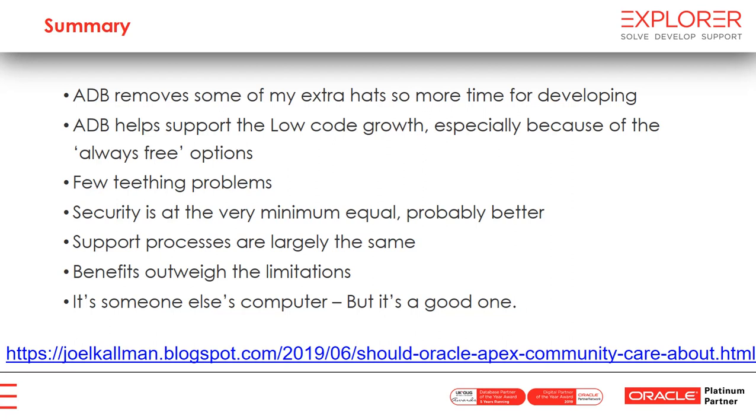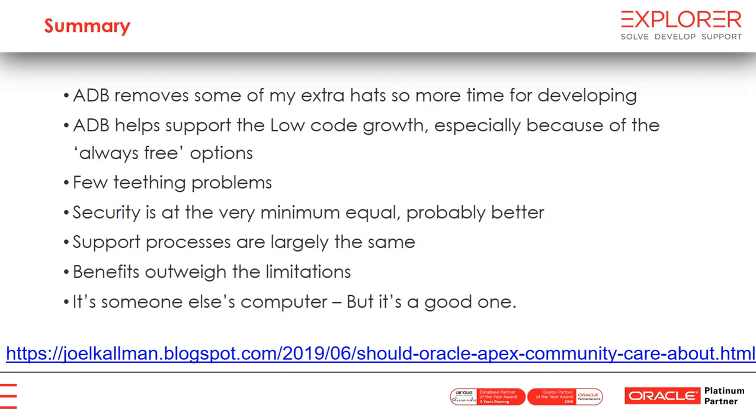Security is equal, if not better, by default. Other than the issue with automatic upgrades, I think the support processes around Apex applications deployed in an autonomous database are largely going to be the same. At the moment, the benefits for me probably do slightly outweigh the limitations or challenges.